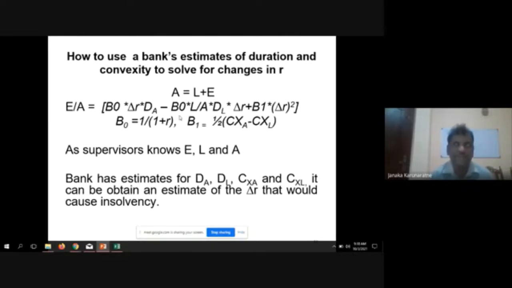The gearing factor is 0.6. DA is 5, DL is 3, and the gearing factor here refers to the leverage of the balance sheet, 0.6. Forget about the convexity. I am not referring to any convexity in the balance sheet. So what is the duration gap?